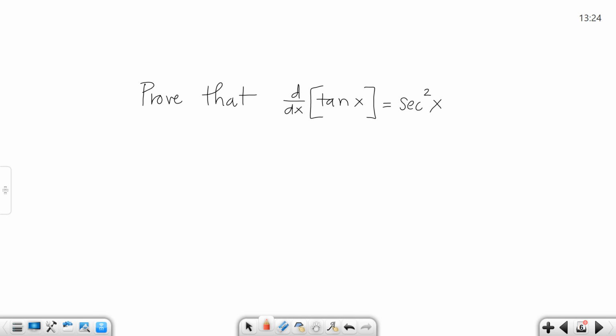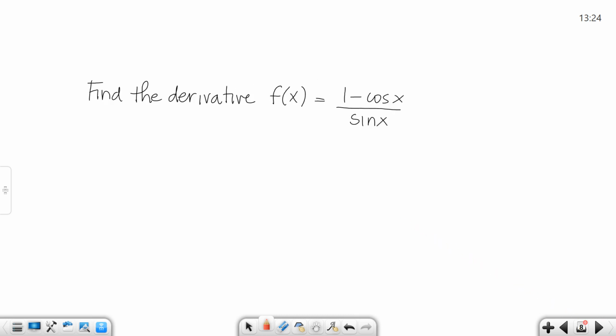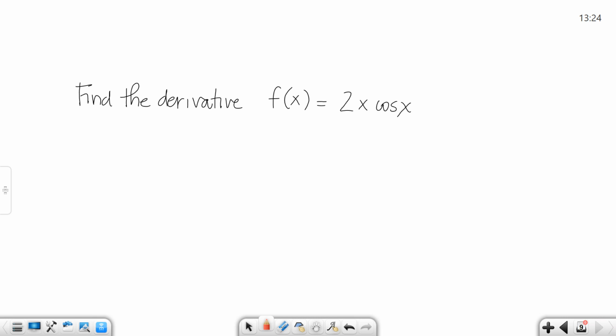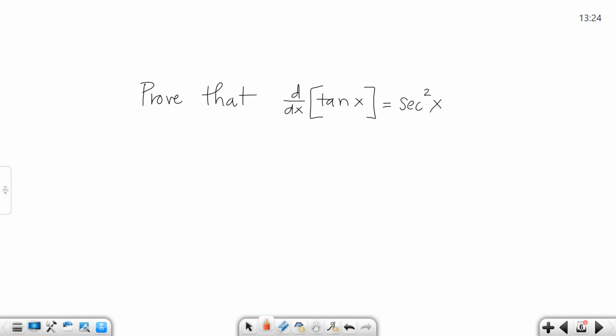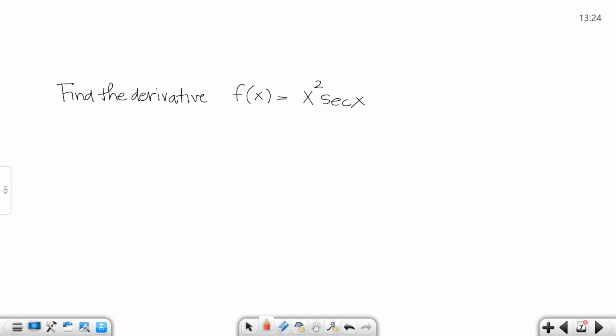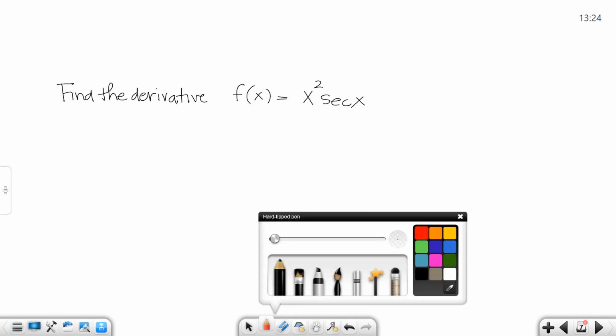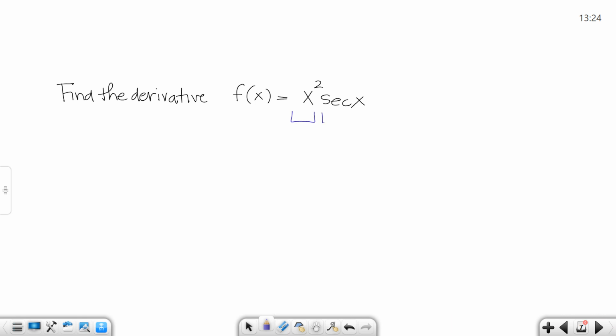Now, let me flip over just a second. Let's look at this one next. What you'll notice about this particular problem is you have a secant of x, and you also have an x squared. Well, that's two separate functions being multiplied together. So we've talked about this before, of course. Here's function 1, and here's function 2. So what you're going to have to do with this one is use the product rule.